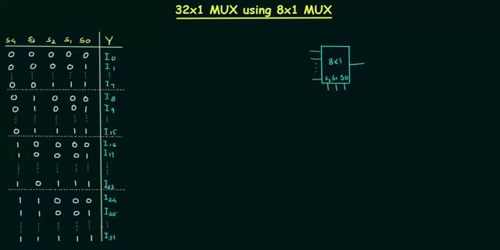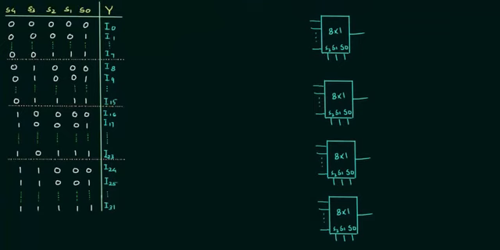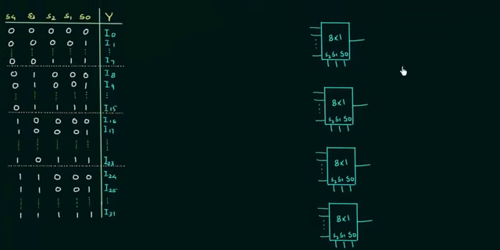I will copy this and then paste. We require 4 8 cross 1 mux. For the first multiplexer, the inputs would be I0, I1 all the way to I7.